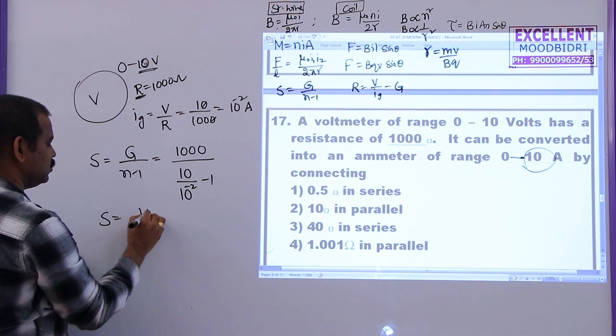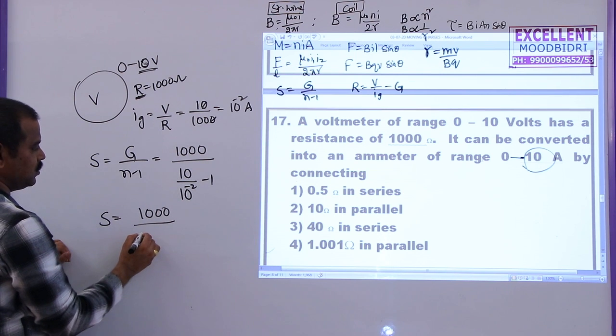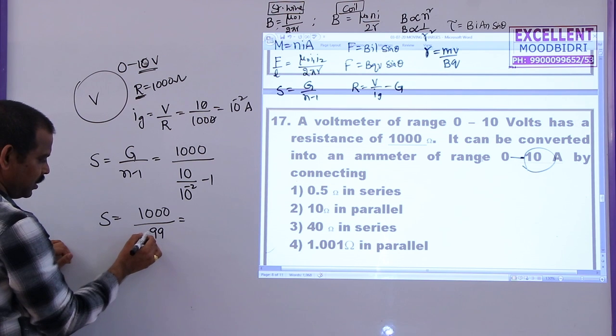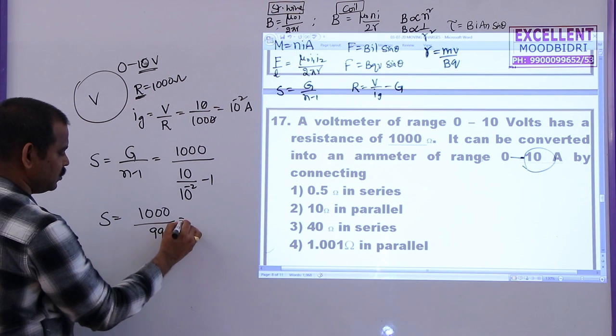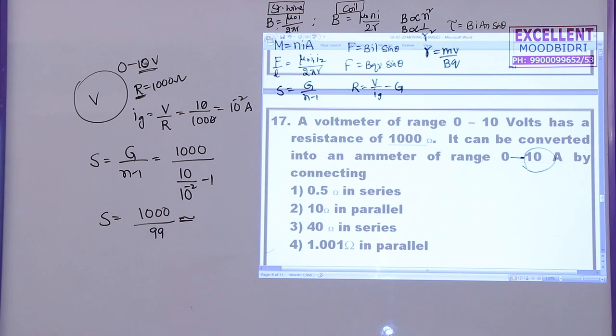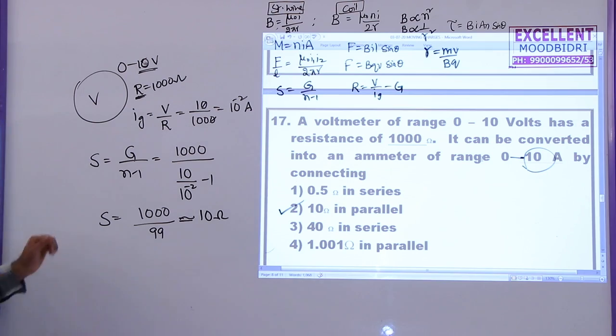So S is equal to 1000 by, this 10 will go up, 1000 minus 1, this is 999. So this is nearly equal to 1 ohm in parallel. Option 2 is correct.